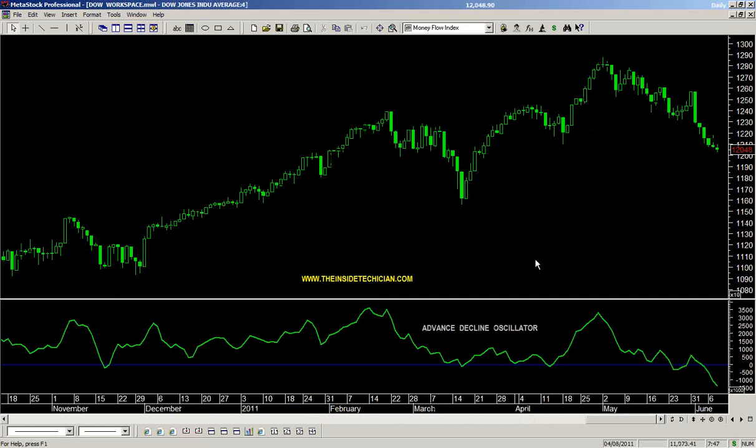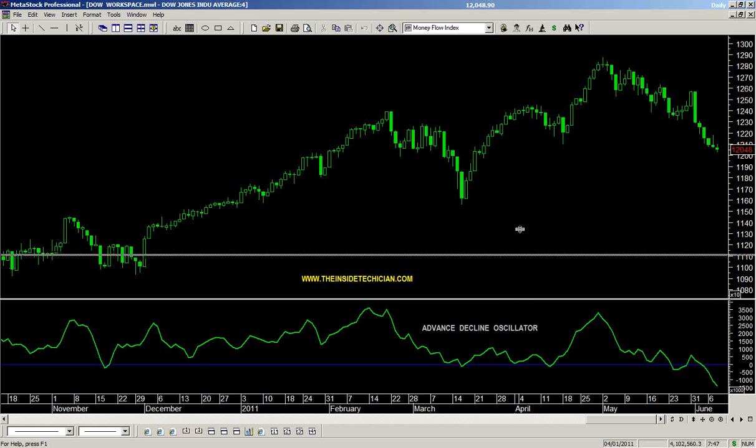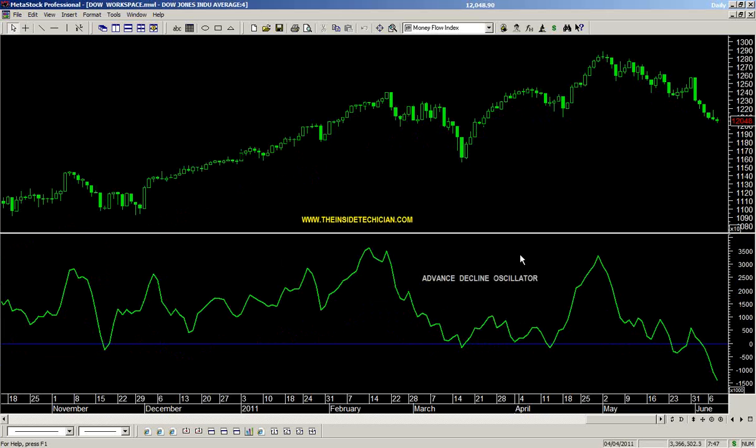Now, our chief market breadth indicator that I don't trade without is the advanced decline oscillator, or the advanced decline line. In this case, we're looking at the advanced decline oscillator. And at this point right here, we had a short-term negative divergence signaling the falling off of the buying pressure, now becoming selling pressure.